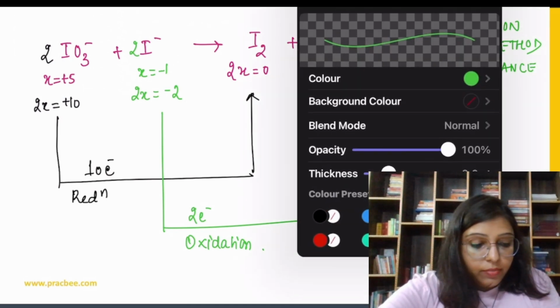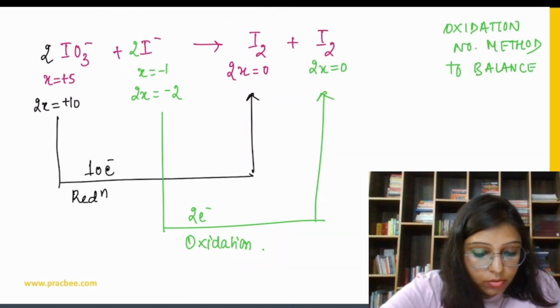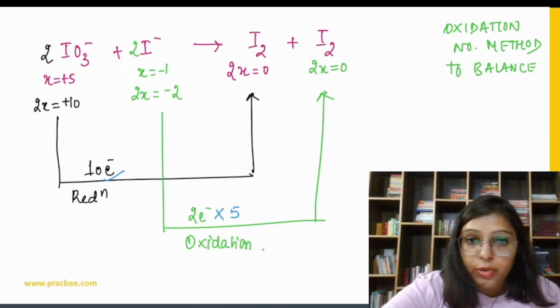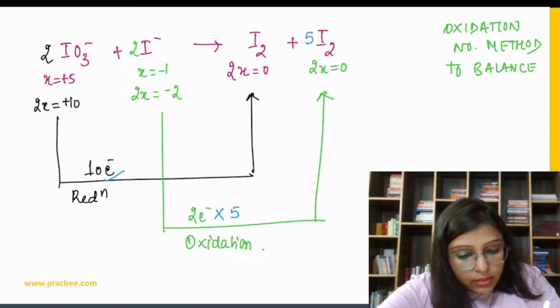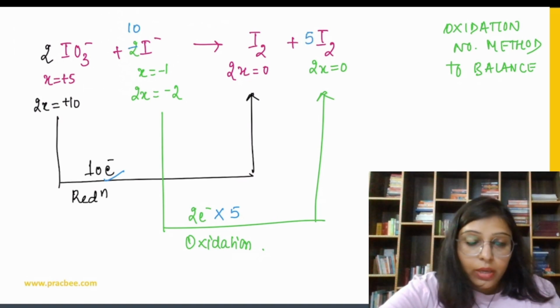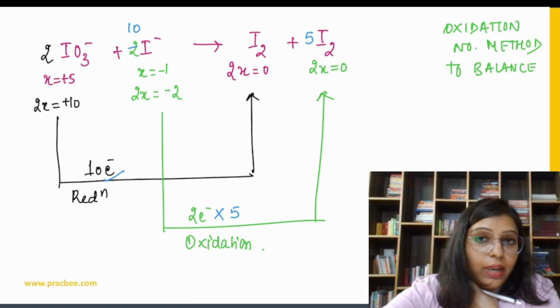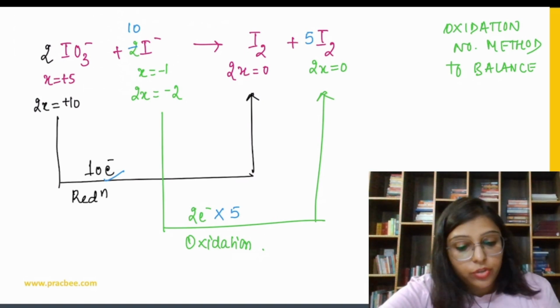So here, first balance the electrons. Here 10 electrons, here 2, so this should be multiplied by 5. If I multiply this by 5, this is going to be 5 and this is going to be 10. So let me rewrite this equation.